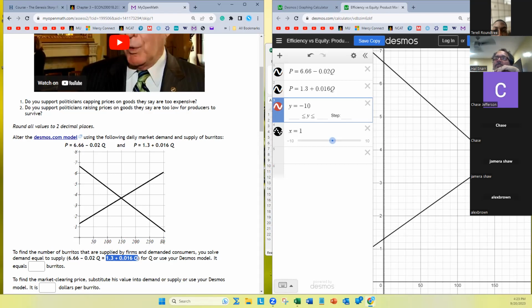That Q is this first value at this point. See, the cool thing about Desmos, it will find the equilibrium for you. The first number is the Q, the second number is the price. And you want to round all values to 2 decimal places, right? So for me, my equilibrium quantity is 148.89.